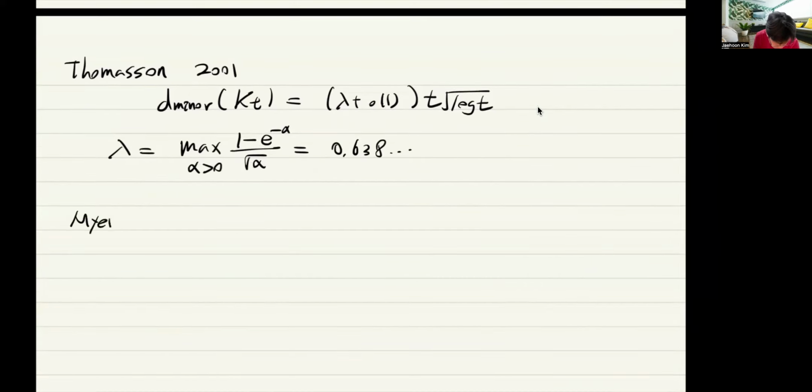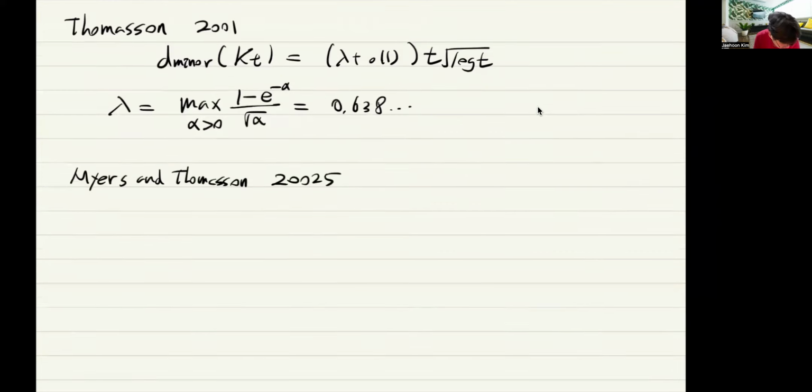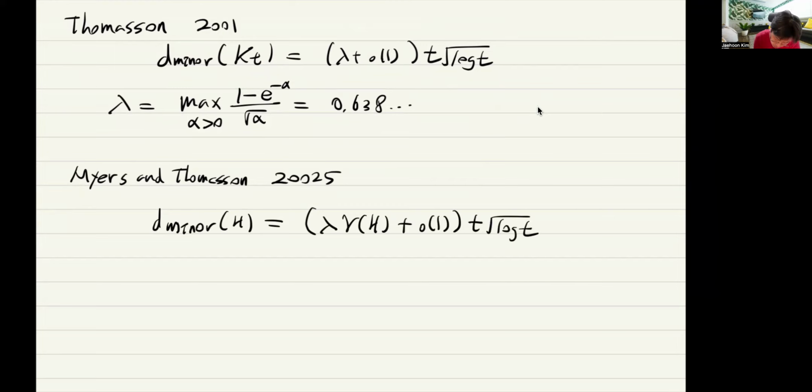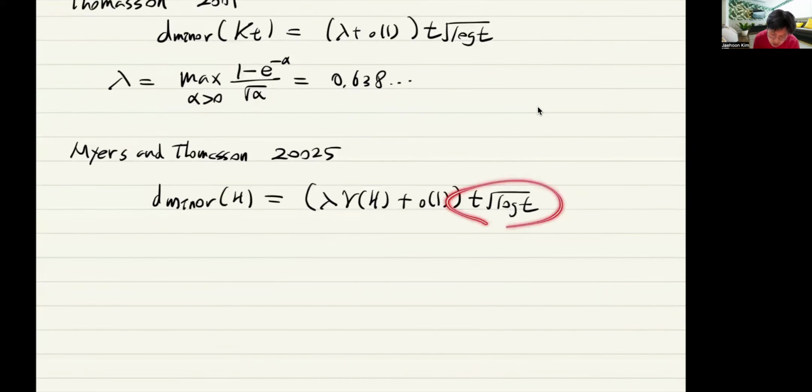And later, Myers and Thomason in 2025 showed that for general H, they also show that H yields a certain number, which is the correct constant you have to multiply in front.